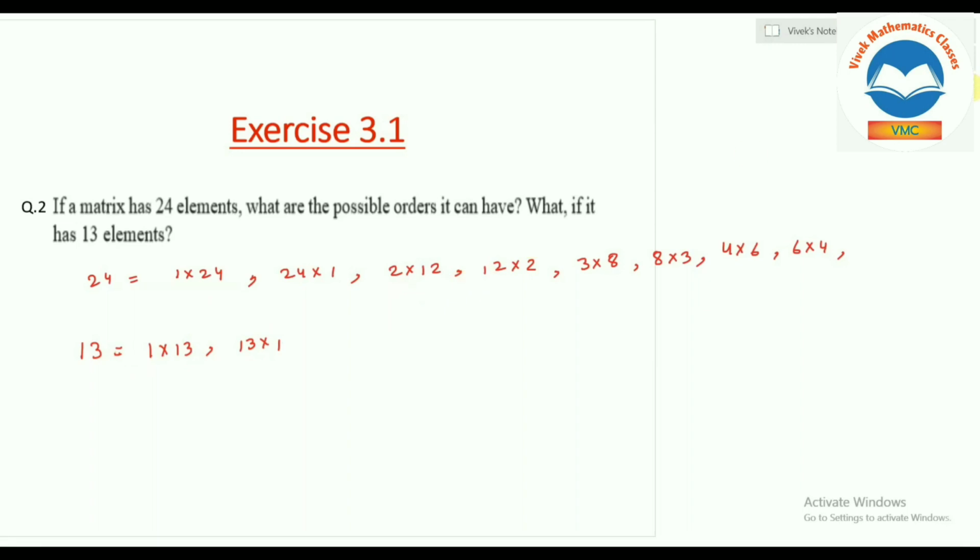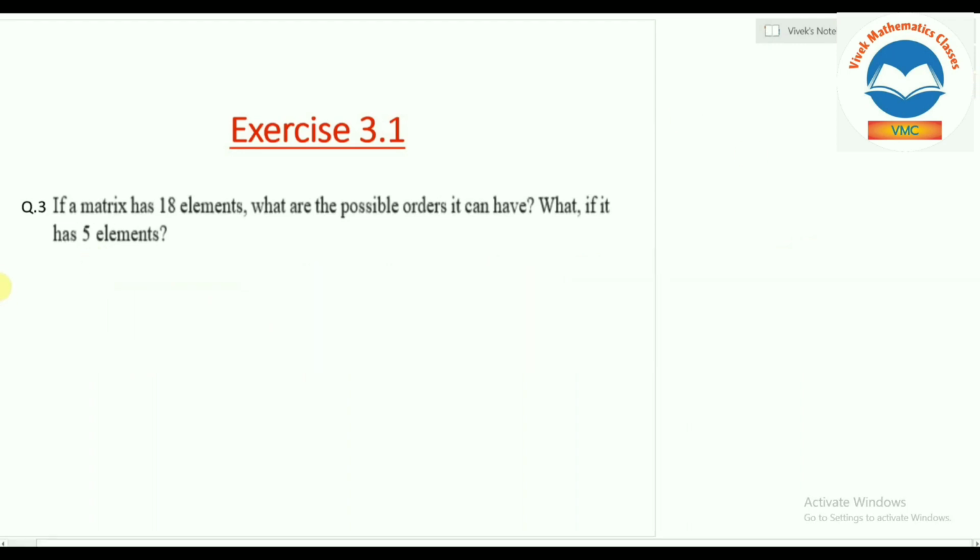Next, third one: if a matrix has 18 elements, what are the possible orders it can have? What if it has 5 elements? Same thing. 18 will factorize.